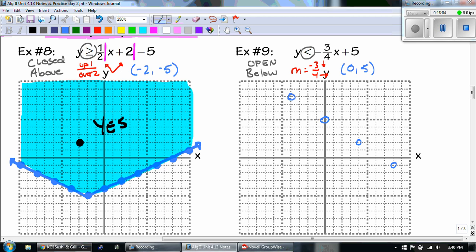Okay, and then I'm using my straight edge right now. I've got my ruler. I need to make a dashed line. And it's below, so I start at my y-intercept. Here's my y-intercept, and I want to shade below, okay?